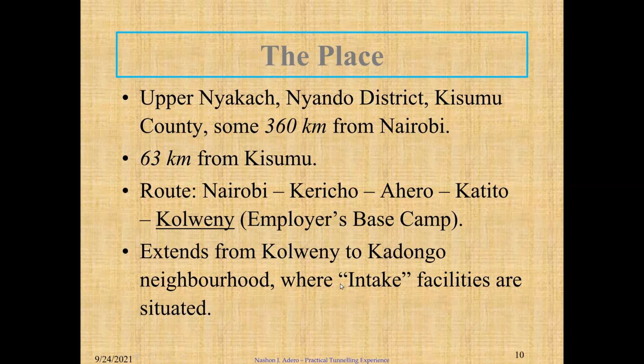And for water tunnels, we must have a part we call the intake. So we have intake facilities where water enters the tunnel. So you have to construct an intake weir.